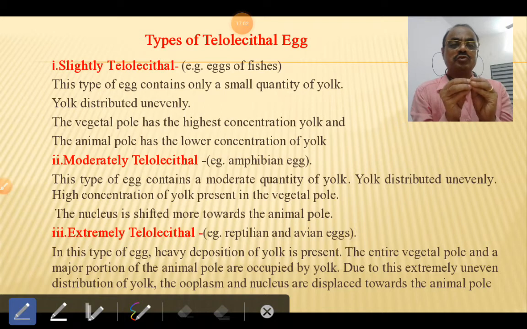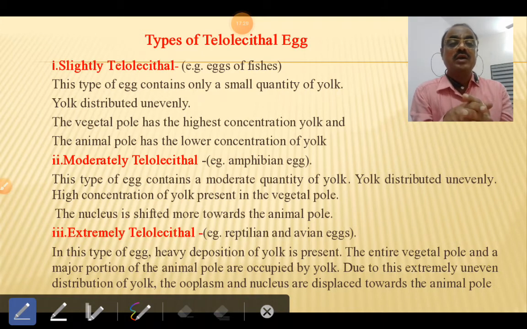The yolk is distributed unevenly, and the vegetal pole has the highest concentration of yolk, and the animal pole has a lower concentration of yolk. When you see the egg of fishes, you will find that whatever yolk is present is more toward the vegetal pole than the animal pole.